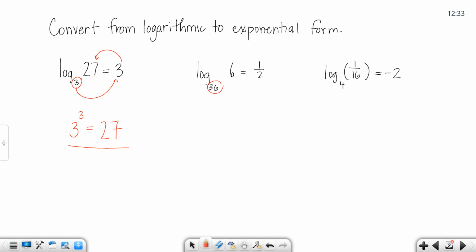My base is 36. We'll cross over to get the exponent. So that would be 36 to the 1/2. We'll cross back to get 6. And that's your answer. Now you'll say, well, how do we check that one? You have to remember, and we're going to use this quite a bit in this chapter, that a fraction exponent means radical.